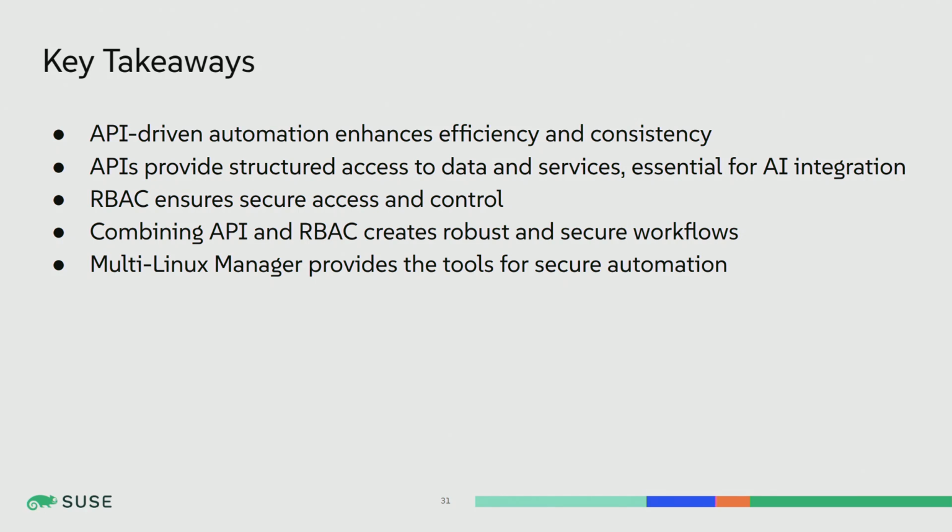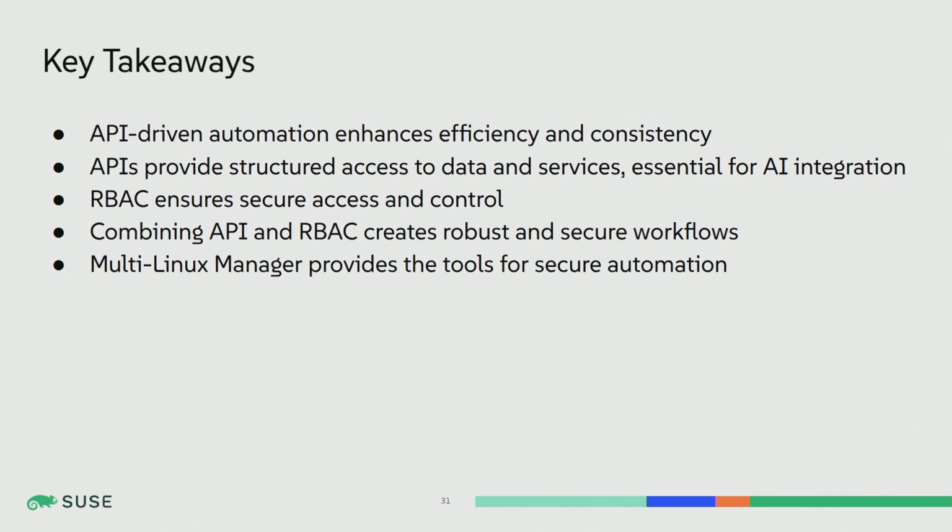We are actually a little bit short on time, so I'm going to recap some of the main points I wanted to make, and after that we will move on to any of your questions, hopefully. So, the key takeaways. API-driven automation is a really good way to enhance efficiency and, of course, consistency. When you have well-written, version-controlled API scripts, you know they're reliable and they're going to execute the same way every time.